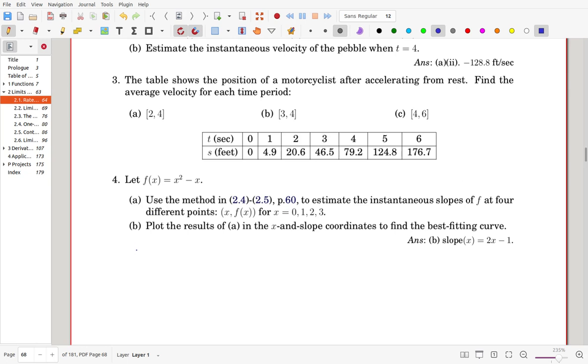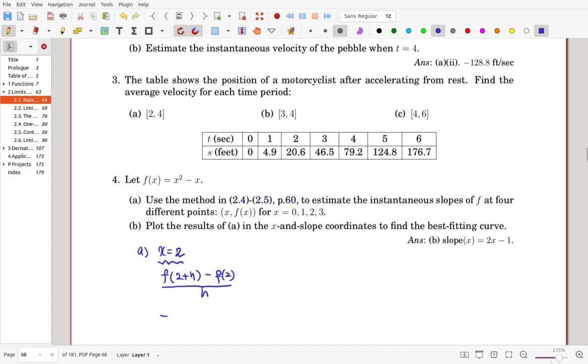Okay, for part A, we choose x equals 2. We have to do this for all 4 points, but here we'll do only 1 point. Then exactly the same way as in the examples, we have to compute f of 2 plus h minus f of 2, divided by h.